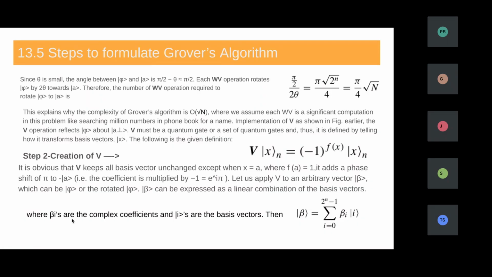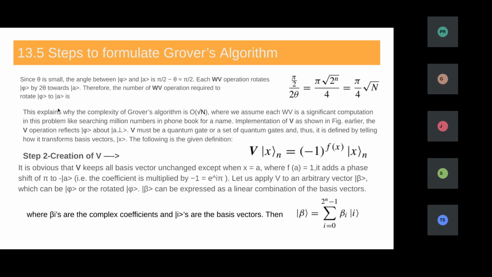Because we said that theta is small and the total angle we have to cover is pi by 2, what we do is we take it as pi by 2 by 2 theta.